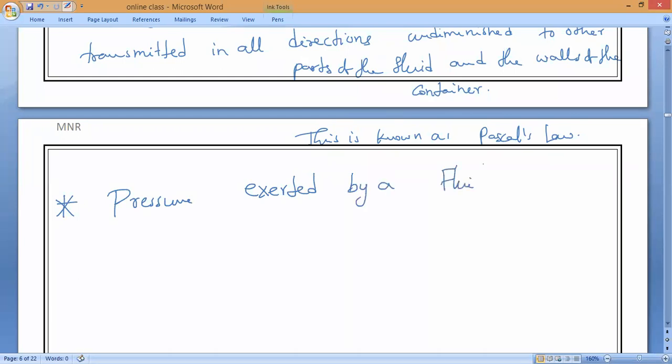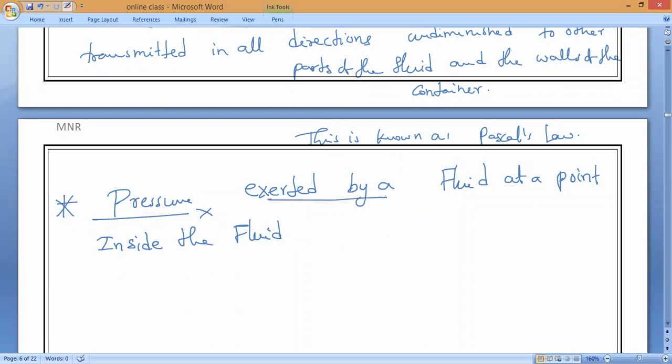I will finish in 10 minutes. So this is the formula for liquid pressure.